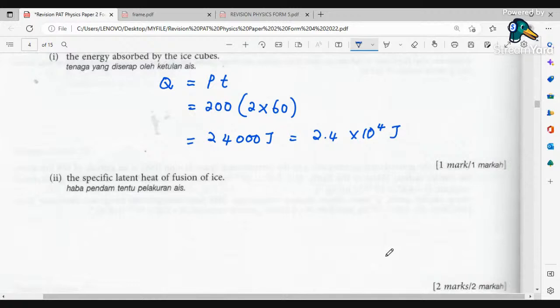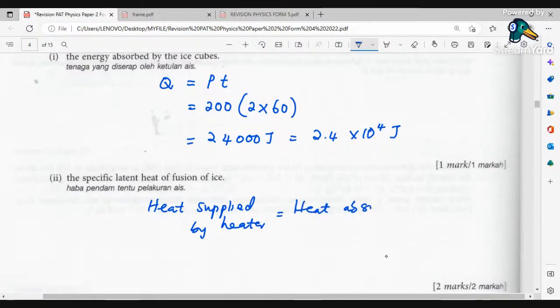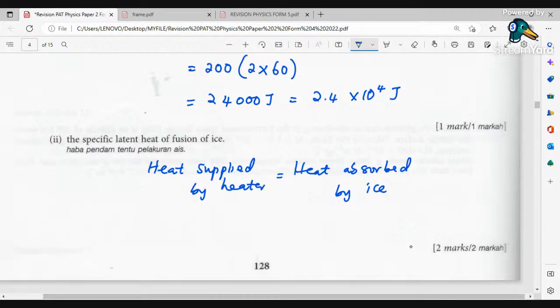Specific latent heat of fusion of ice. So heat supplied by heater equals to heat absorbed by ice. Okay, so PT equals mLF.